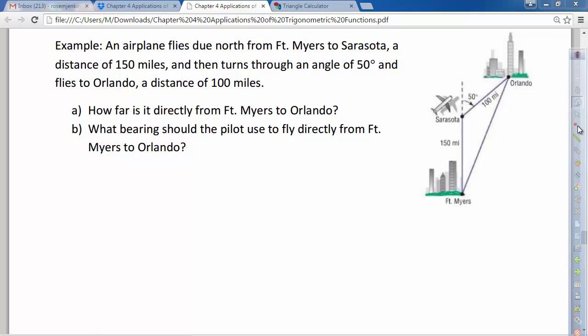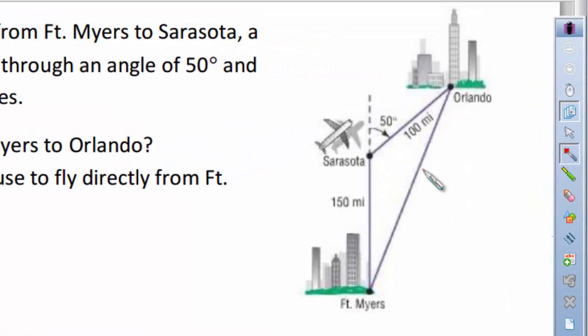So we already have, we can see in the illustration, a nice triangle. And what we're looking for in this triangle is the length of this third side, which is going to be the distance from Fort Myers to Orlando. We've got the length of two sides. We have an angle that's actually on the outside of the triangle, but it'd be easy for us to figure out what this angle is just by subtracting 50 from 180 degrees. So we get 130 degrees.